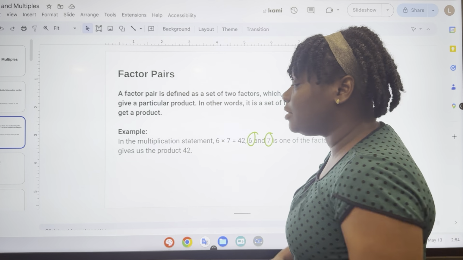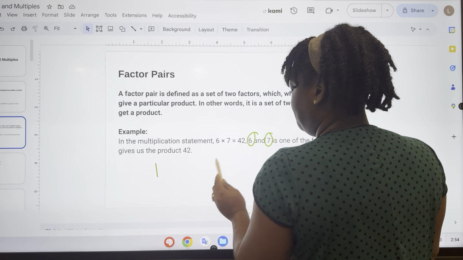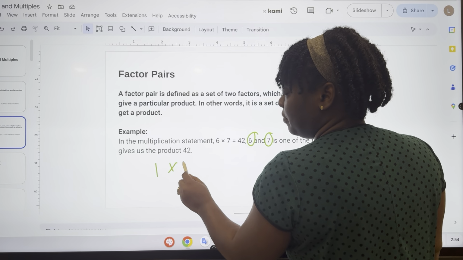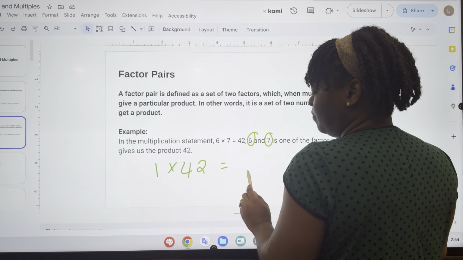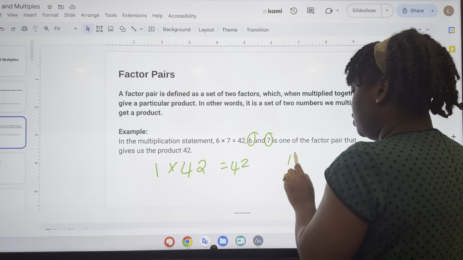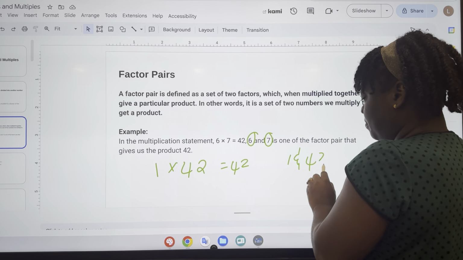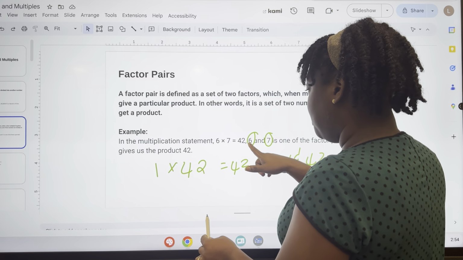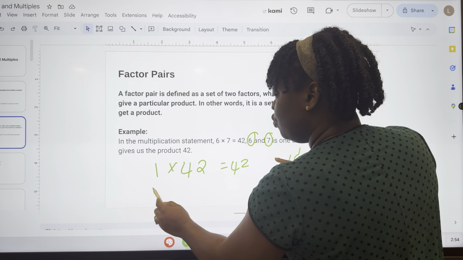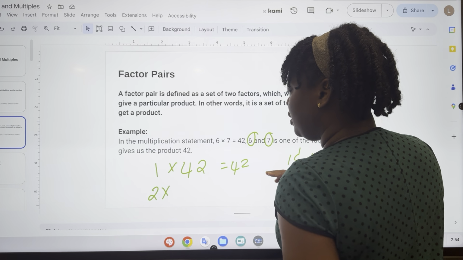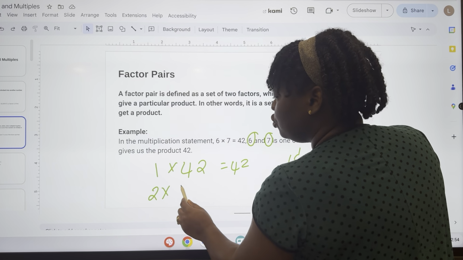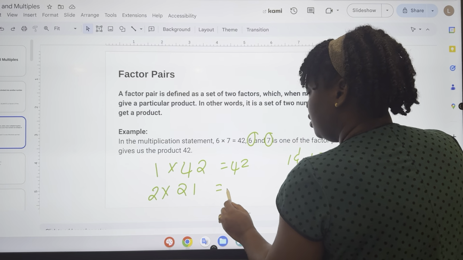We know the first factor pair would be 1 and 42. So that's 1 and 42. Next factor pair, we're going to try 2. Can 2 go into 42? 2 times what would give me 42? 2 times 21 equals 42.